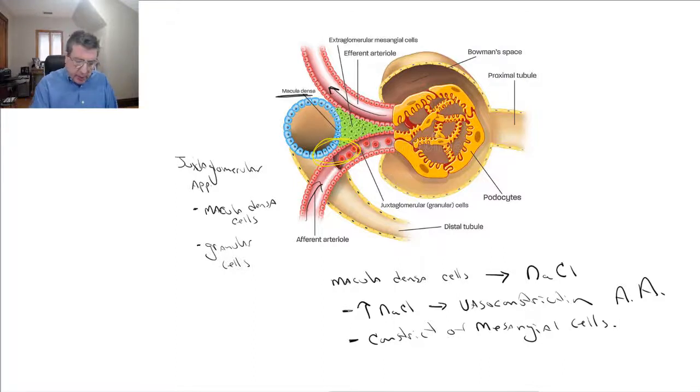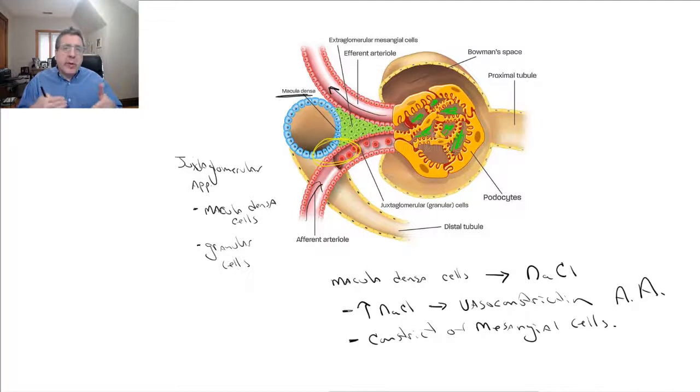In this picture, the green stuff is the extraglomerular mesangial cells. You also have, let me put green in here, mesangial cells in here. These are in between the capillary loops. Those are also mesangial cells.